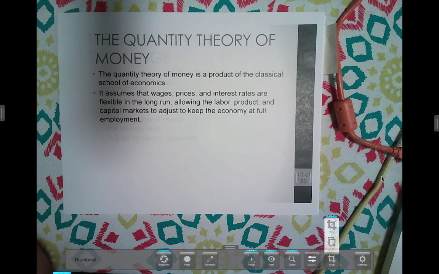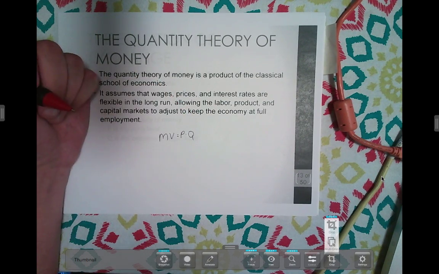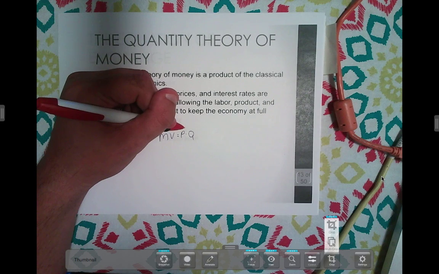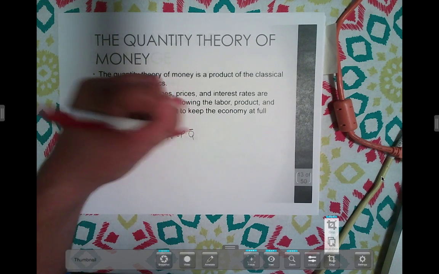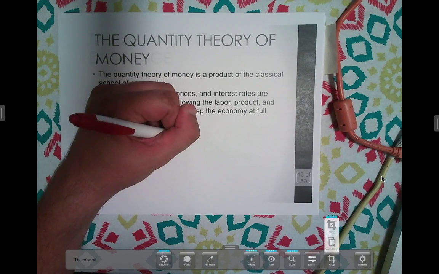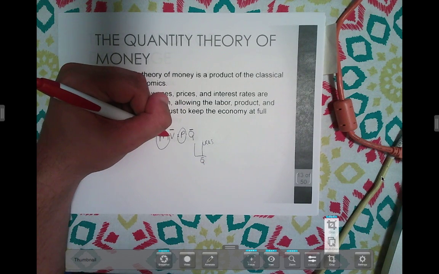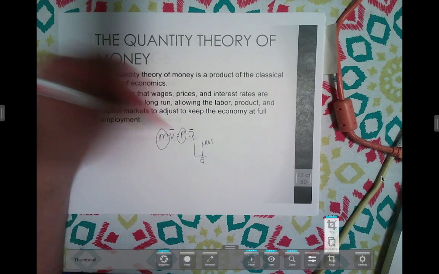The quantity theory of money was something that was seen in the classical school of economics. What this looked like was MV equals P times Q. The idea was that if velocity was held constant and the prices could adjust, and if I fix the Q, the Q being fixed because the long run aggregate supply curve is fixed at a Q, and the velocity, which means the number of times money changes hands, psychologically and historically remains fixed over time, then changing the money supply directly changes prices.